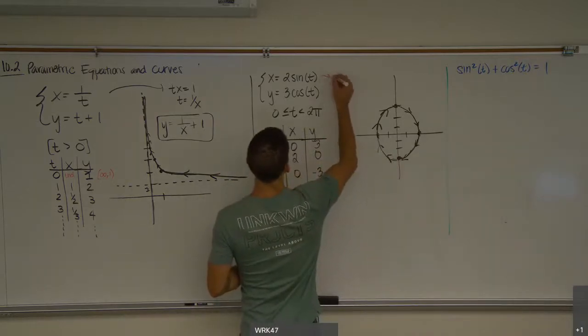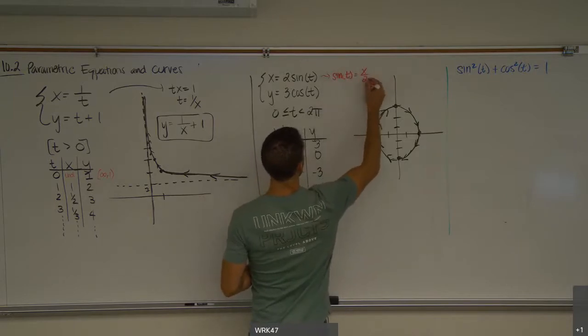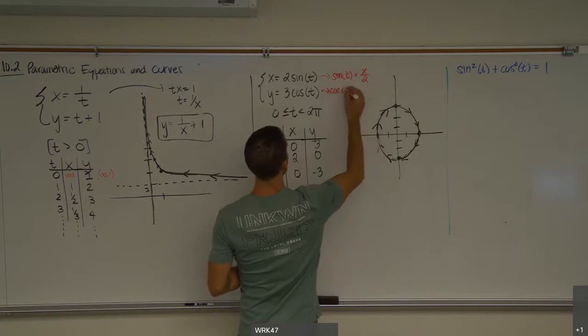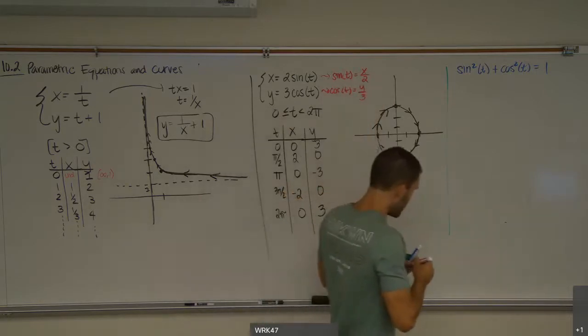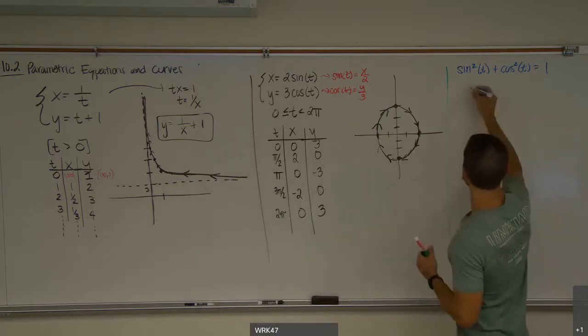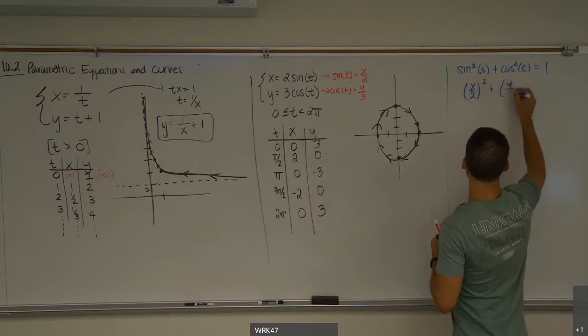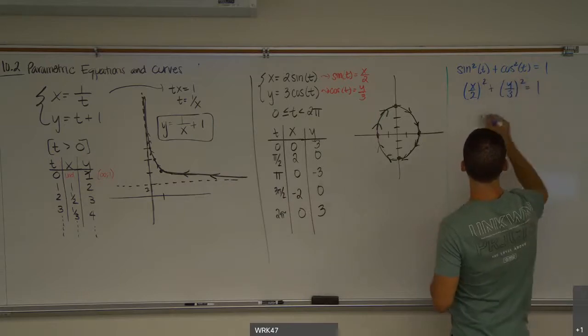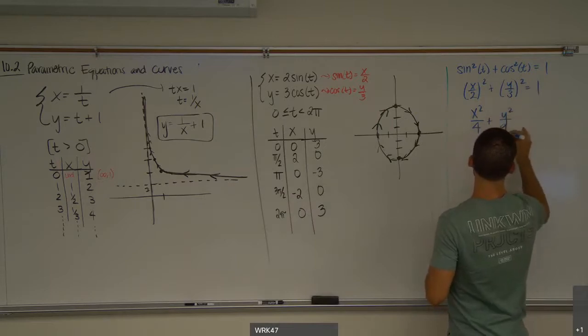Sine here can be written as x over 2. And here cosine is y over 3. And so just replacing that in this equation, we get (x over 2) squared plus (y over 3) squared equals 1. We get x squared over 4 plus y squared over 9 equals 1.